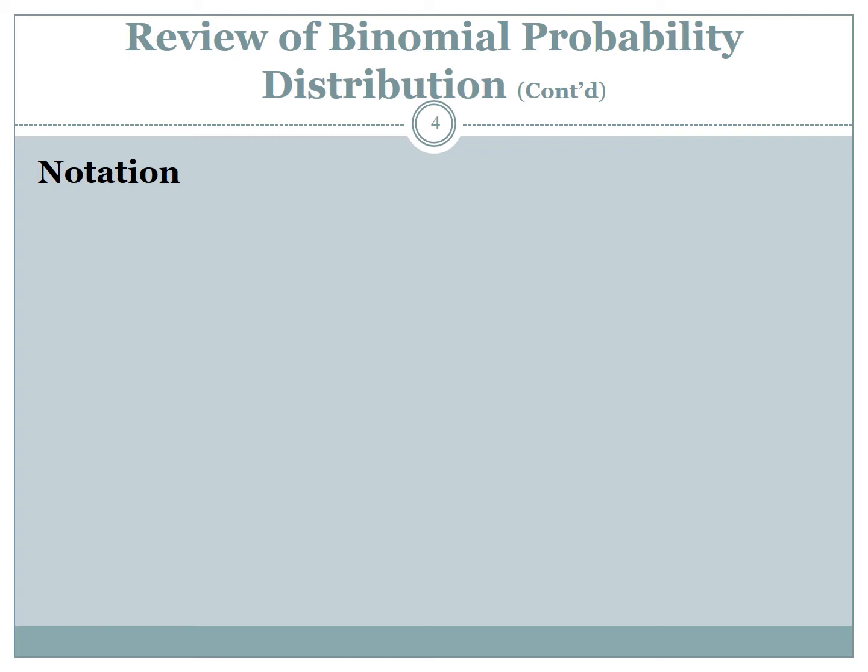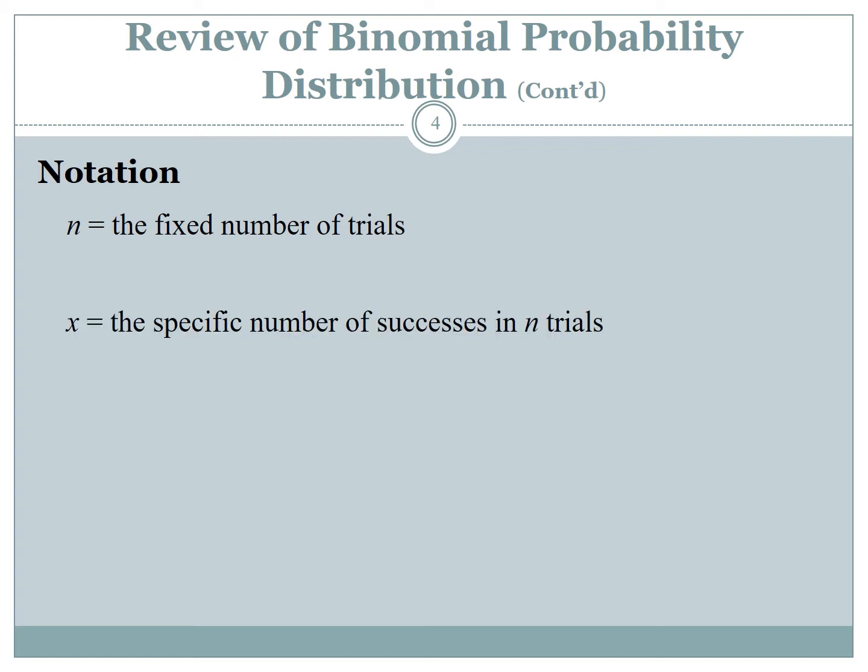Let's take a look at some notation. We need notation because ultimately we're going to come up with a formula or a function in the calculator that we're going to use to calculate the required probabilities. So we're going to let n represent the fixed number of trials. Let x, or little x, be the number of successes in n trials.